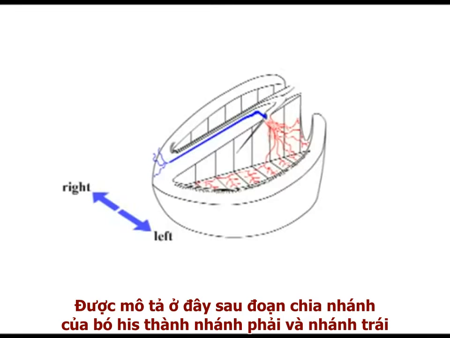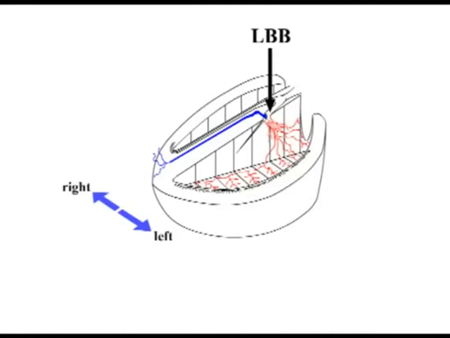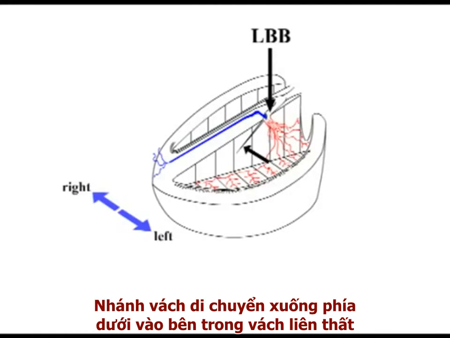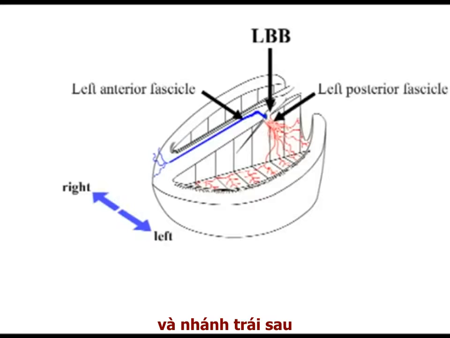Shortly after the anatomical bifurcation of the bundle of His into right and left bundle branches, the left bundle branch itself quickly divides into 3 distinct collections of conducting fibers. A septal branch which travels downwards into the septum, an anterior fascicle, and a posterior fascicle.